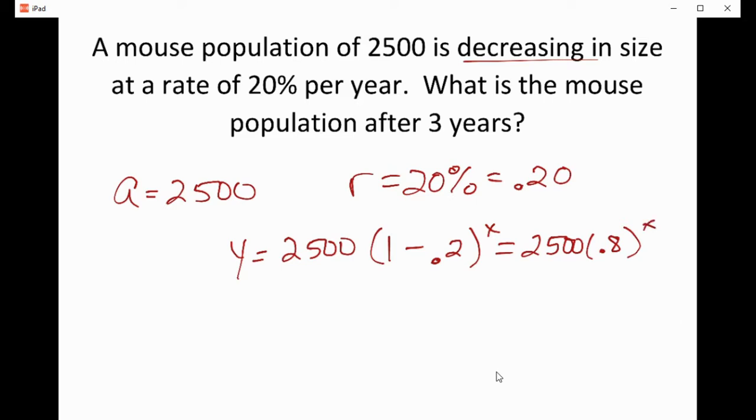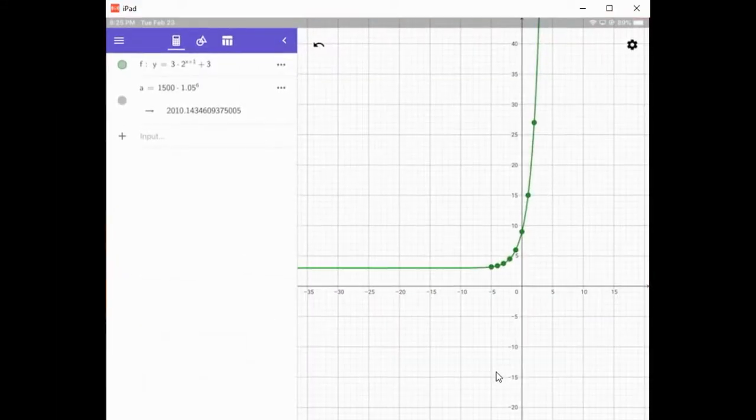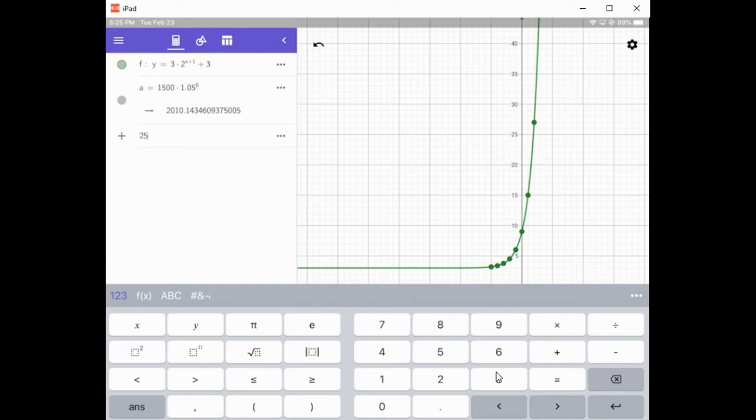So to figure out how many mice would be left after 3 years, 0.8 to the 3. So go back to GeoGebra, and I just type 2,500 times 0.8 exponent 3, enter. 1,280.